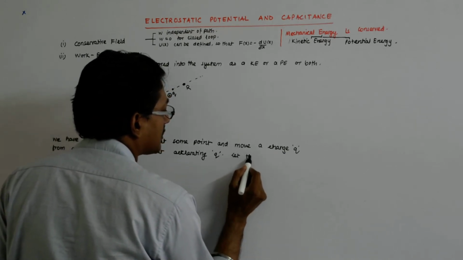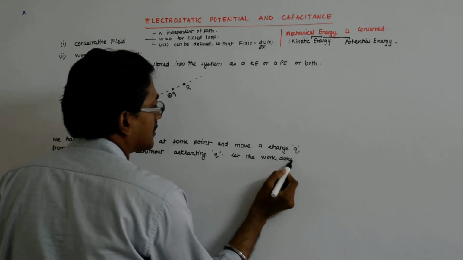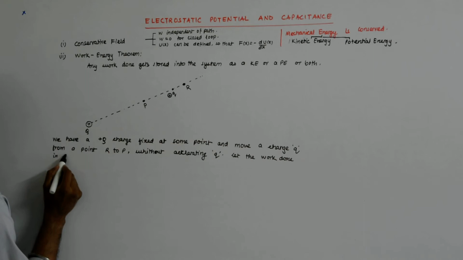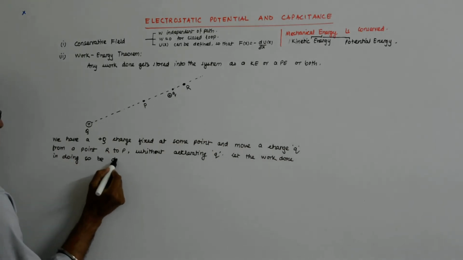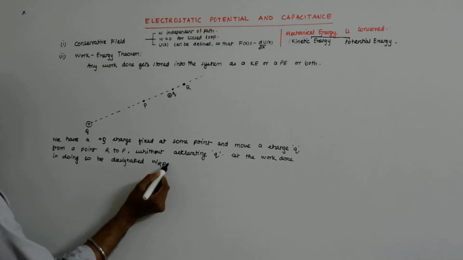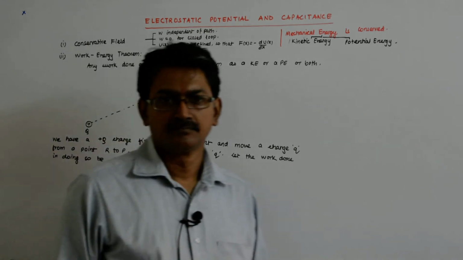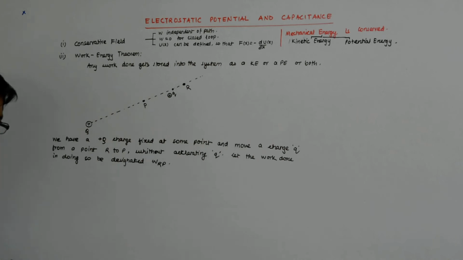Let the work done in doing so be designated WRP, the work done in moving from R to P. Okay.